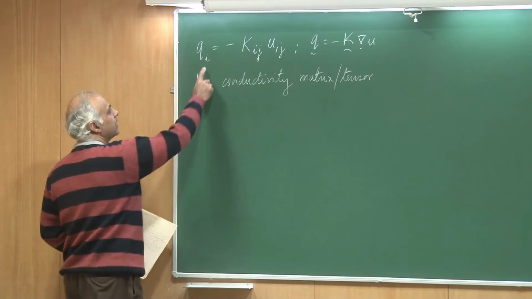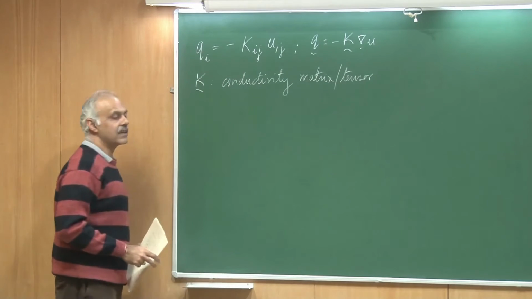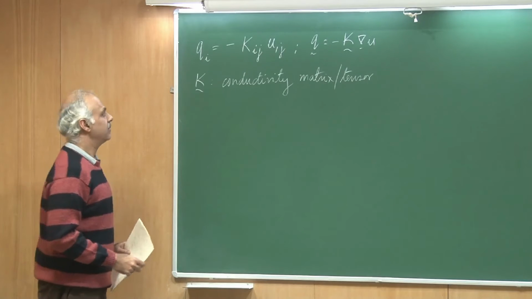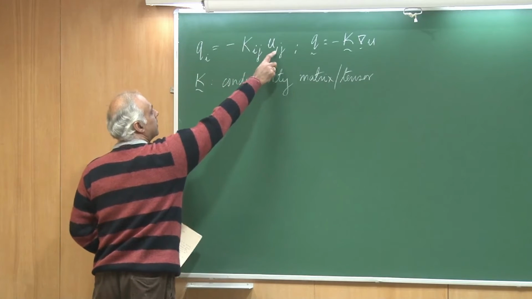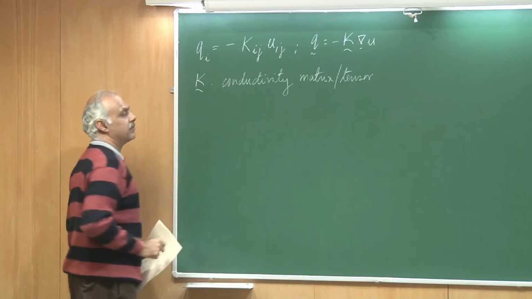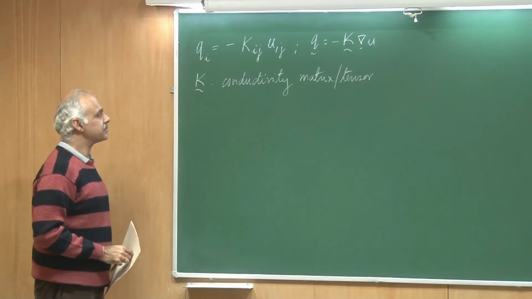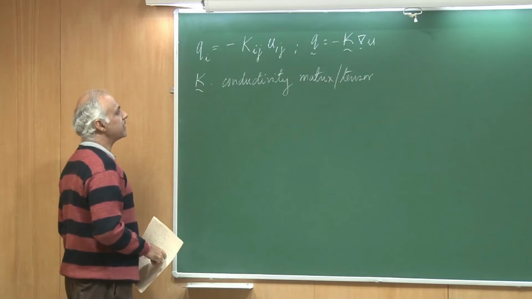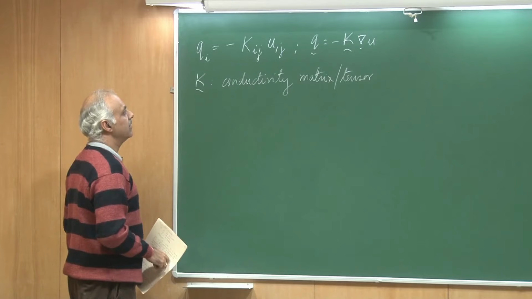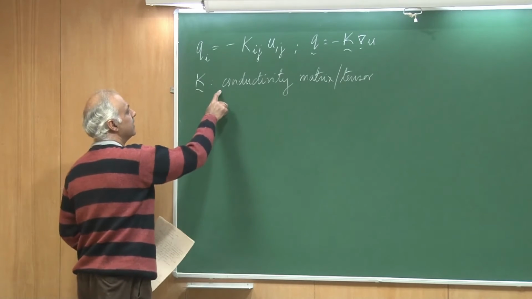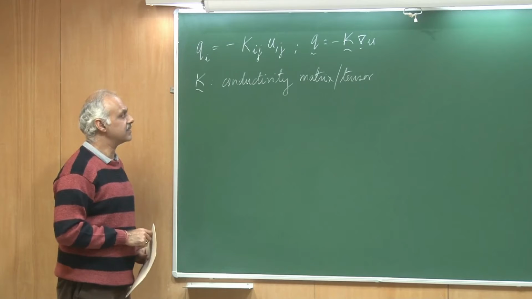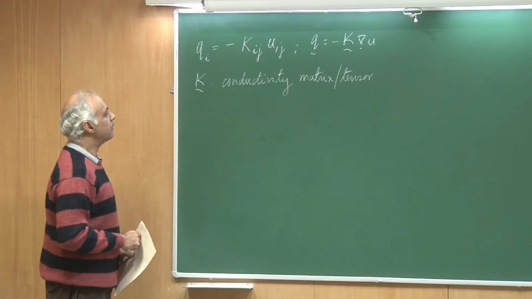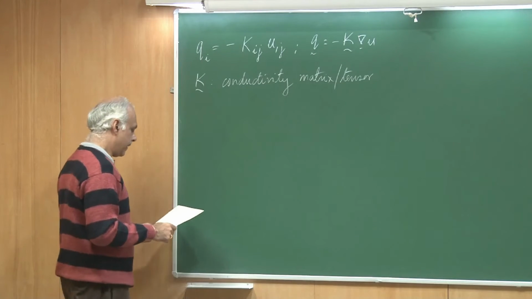And that would make this law a little bit nonlinear, because then I would have a heat flux that depends on the temperature not only because of the gradient but also these coefficients. So for linear heat conduction, we will have to assume that K does not depend on the temperature field. Okay? K is kind of a temperature independent quantity.